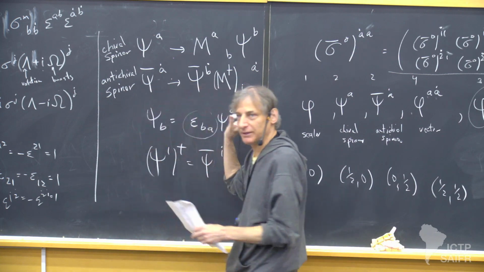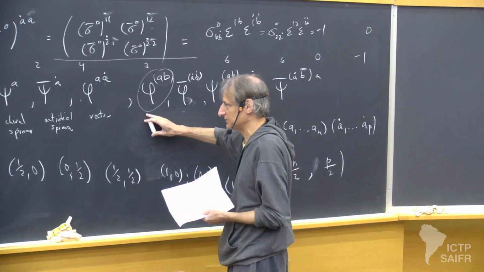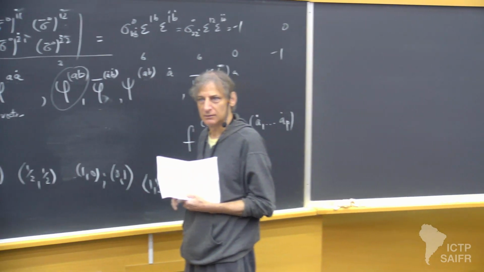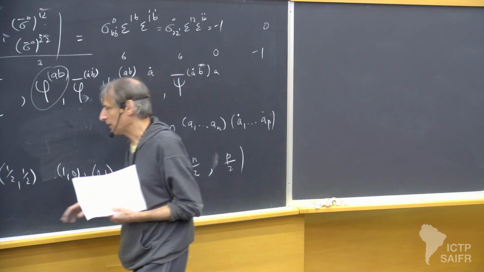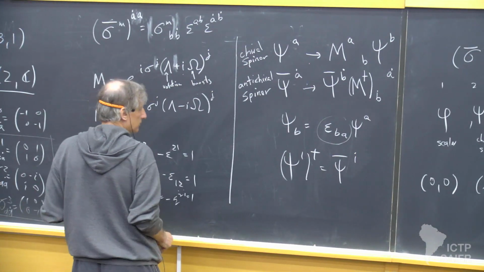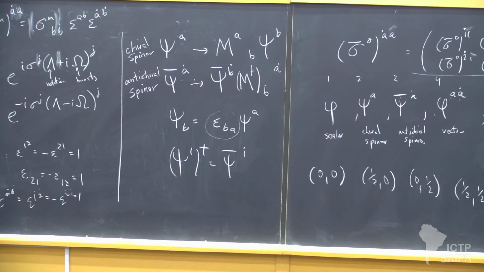Okay, so this is, of course, mathematics. And now we're going to do physics. So, of course, the reason why this is interesting is because there are particles which transform like this. Okay, so let's start to write down actions, which you've already seen in Ricardo's lectures, but using a different notation, which I think is much more complicated.